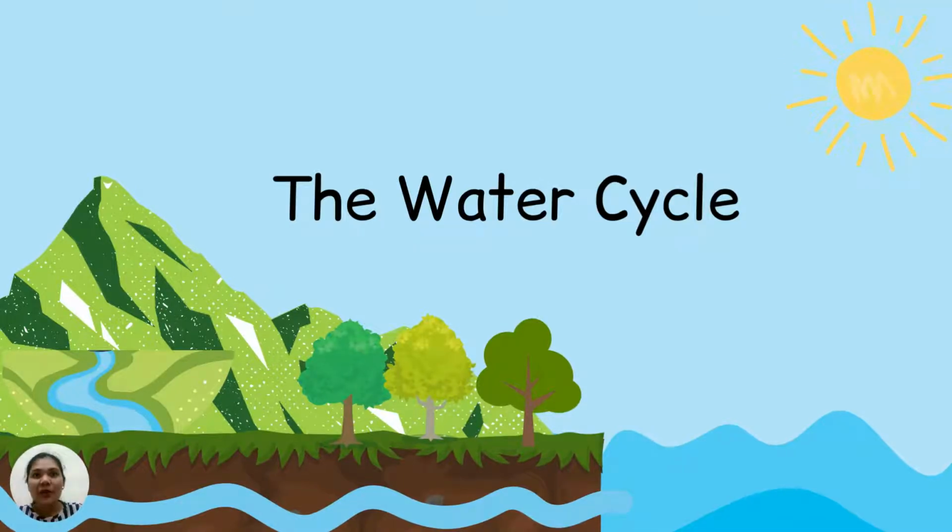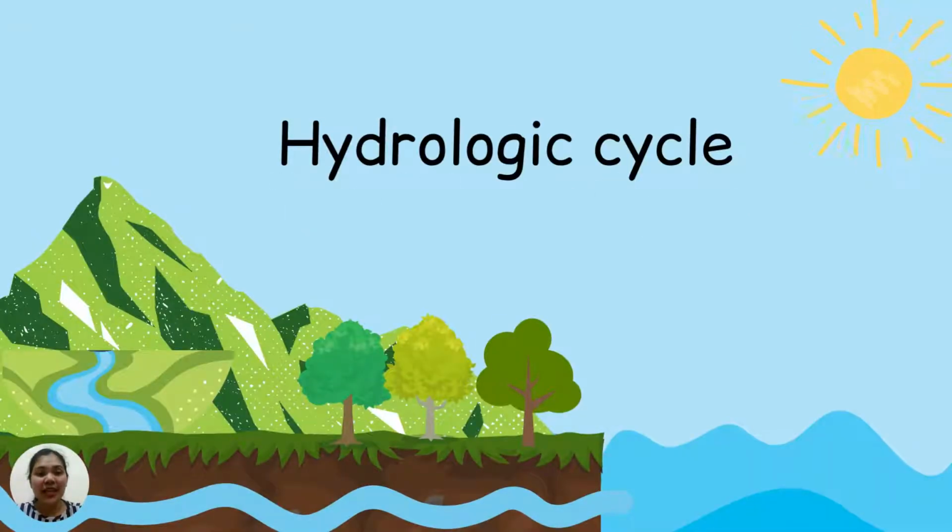Last week we celebrated World Water Day and we had a very brief description of the water cycle. So today we are going to zoom in on what exactly the water cycle is. The water cycle is also known as the hydrologic cycle, and it describes the continuous movement of water on, above, and below the surface of the earth.